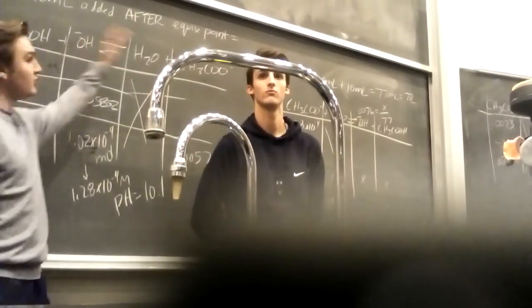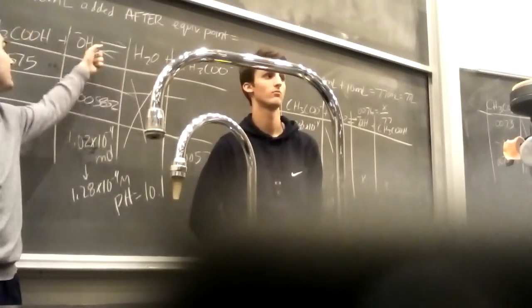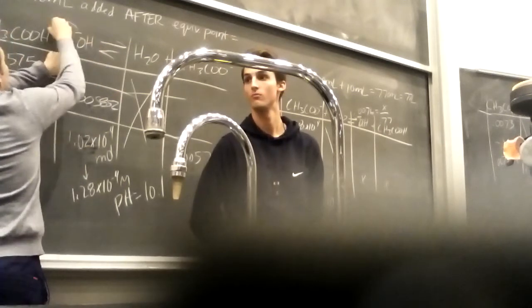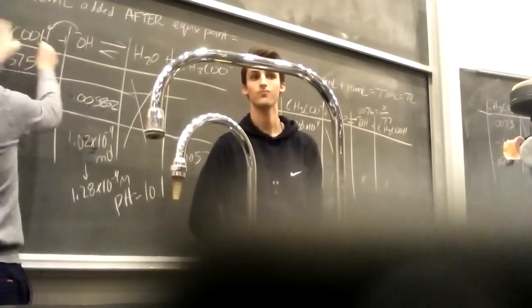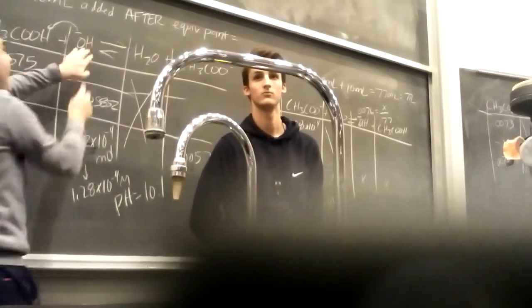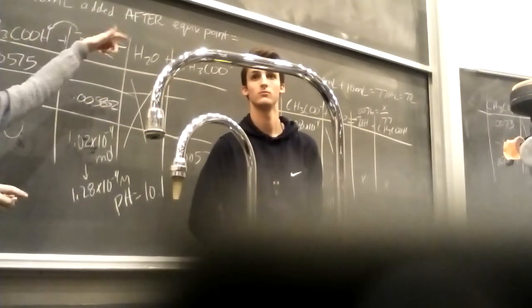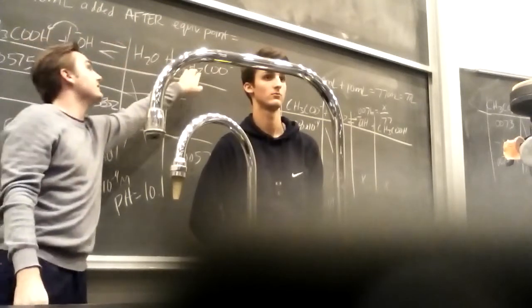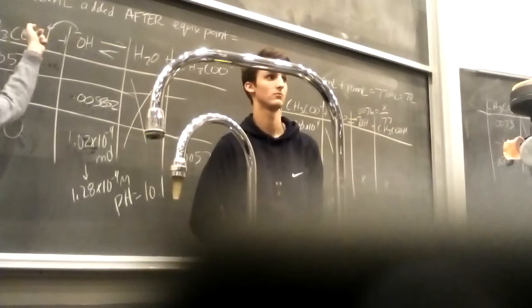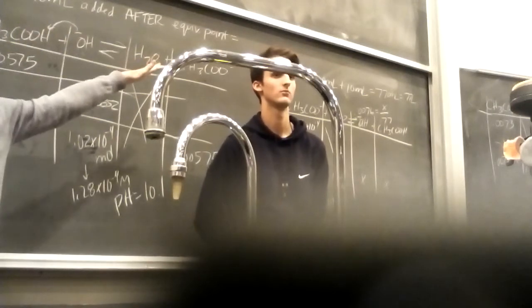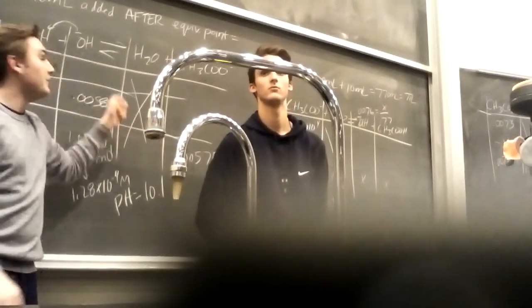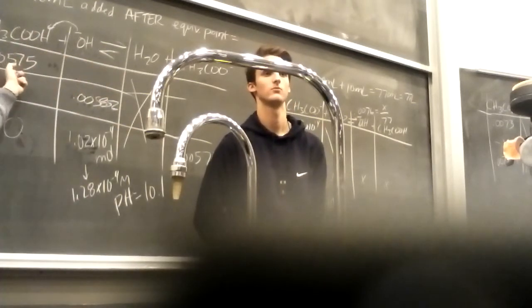I can only do this reaction before equivalence point as much as my OH minus is there, because it is this molecule that comes over and steals the H. So I can only form as much of its conjugate base as I have of this one to reach over and steal it. But after equivalence point, I have plenty of this, and I can only form as much of this as I have of this available to let the OH steal it and get over there. That's why those numbers before are the same as this, but after equivalence point, it's the same as your original.